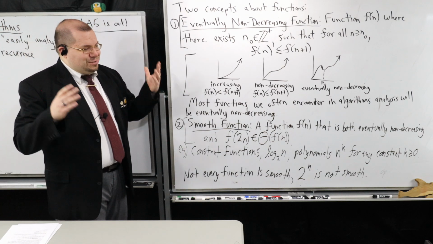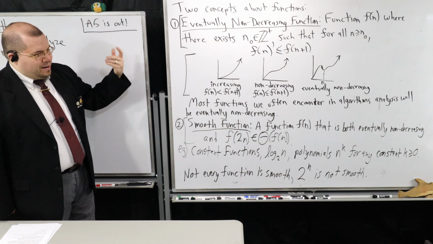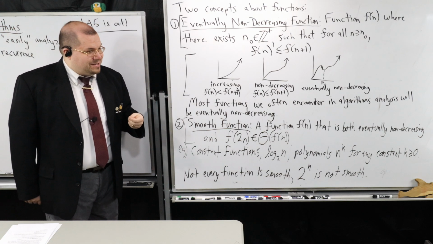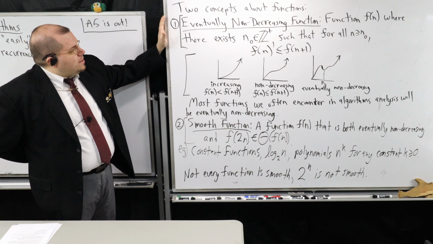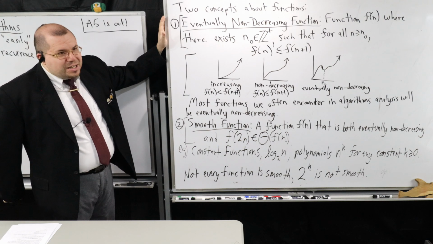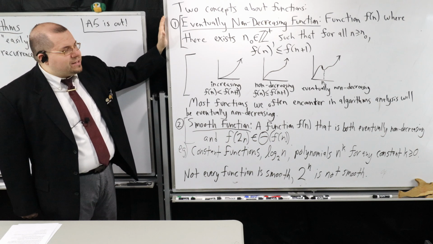I thought I would show you a couple of fun techniques or properties that functions, in particular complexity functions, typically have. The first one is the so-called concept of an eventually non-decreasing function. Sometimes this is called asymptotically non-decreasing.